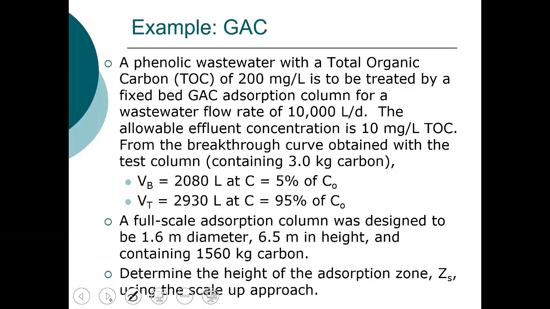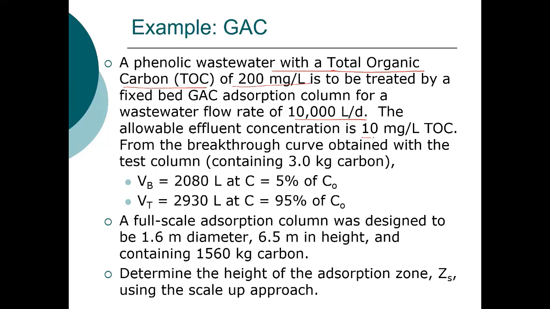So we start with a situation where we have the total organic carbon, and that is 200 milligrams per liter. So we have this phenolic wastewater, has total organic carbon, and we're going to treat that through a fixed bed GAC column, and we have a wastewater flow rate of 1,000 liters per day.